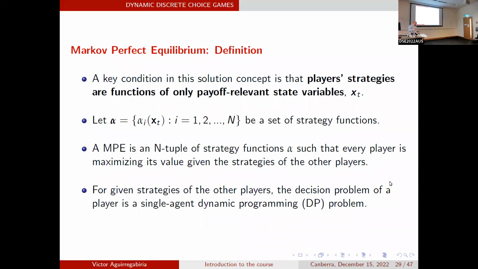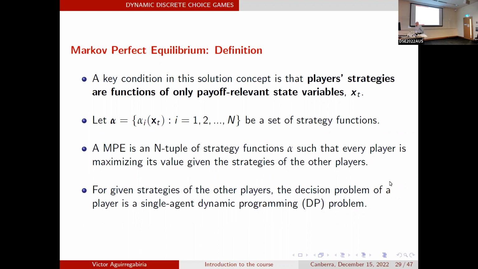The first condition of a Markov perfect equilibrium is that the players' strategies depend only on payoff-relevant variables. Let me ignore the epsilons for the moment and use x_t as the vector of state variables at period t. Then every player i uses a strategy that only depends on x.